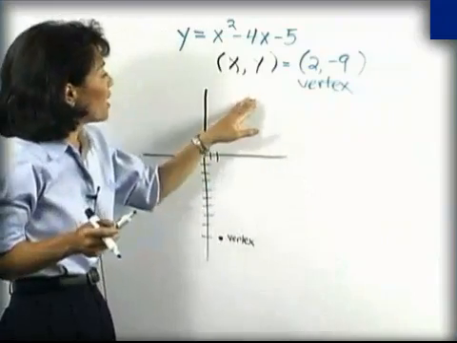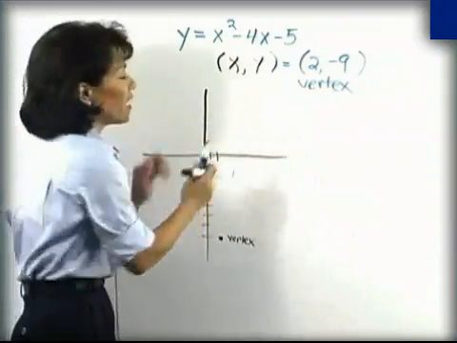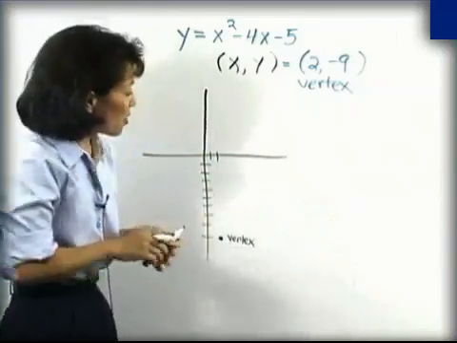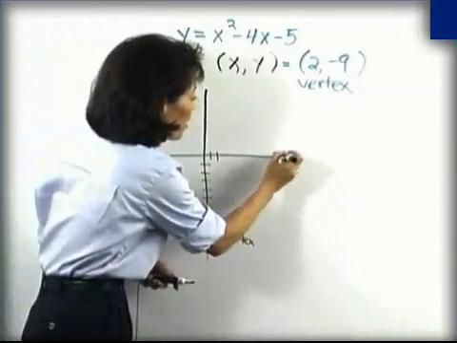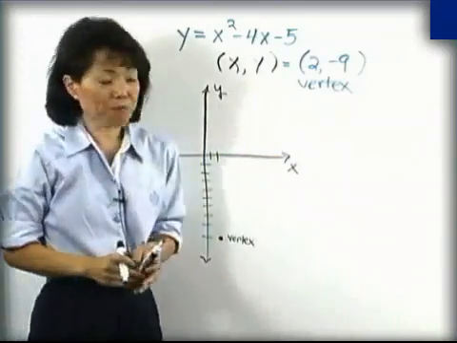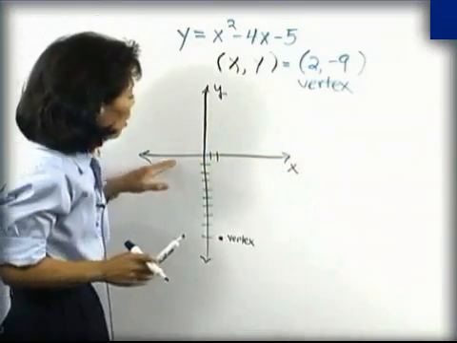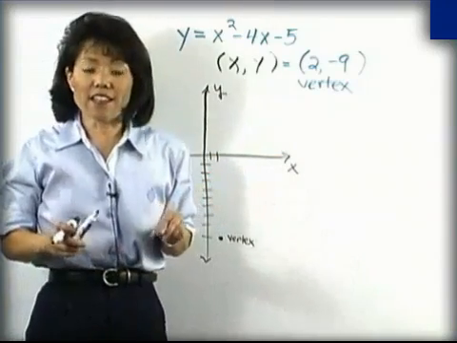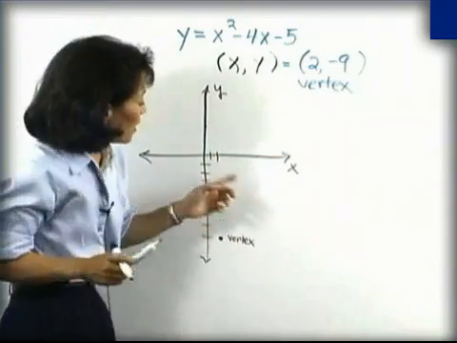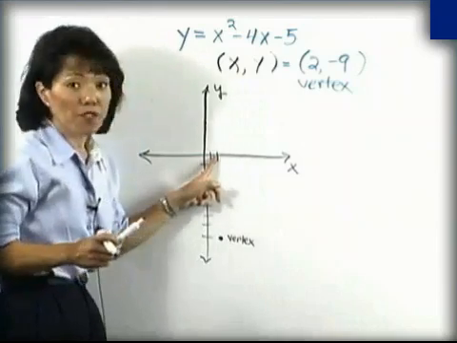Now, one more thing to get how fat or skinny our parabola is: we can find the x-intercepts. We want to know where our graph is crossing the x-axis. Well, remember that all along that x-axis, the value for y is always equal to 0. Pick a point, (2, 0).